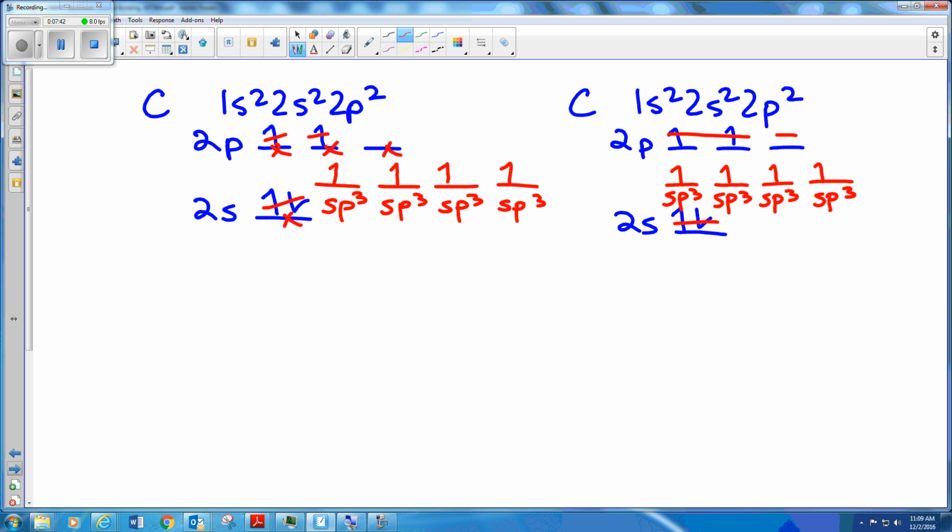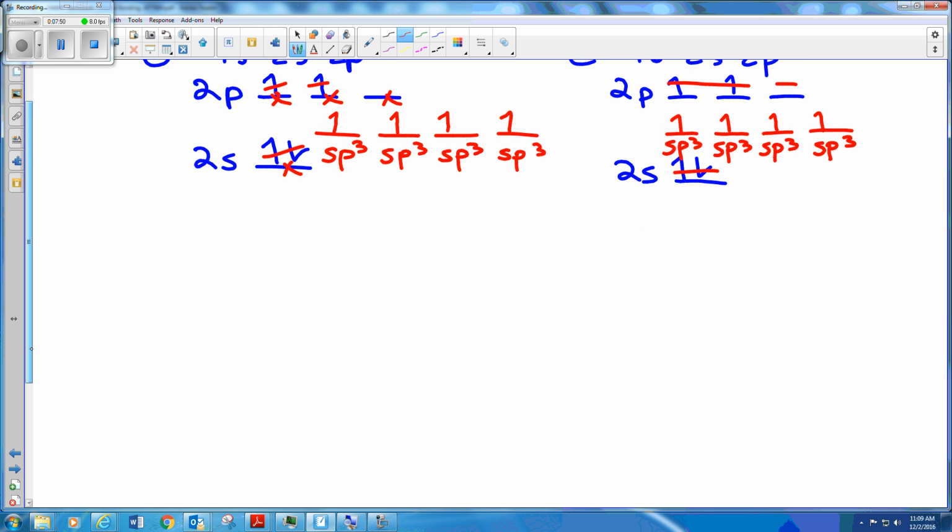Now, I'm going to draw this out and show the formation of the sigma bonds around the carbon atoms. The new bond is a hybrid bond formed between the s and the p orbitals.